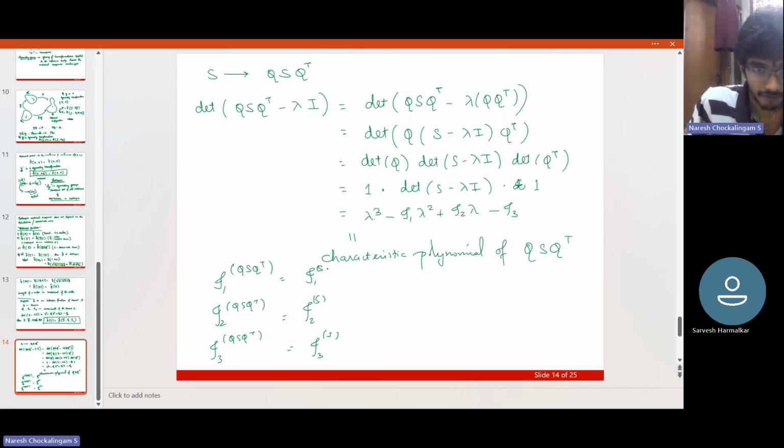Therefore, if we apply an orthogonal transformation onto a tensor S, the invariants remain unchanged. That's why they're called invariants.